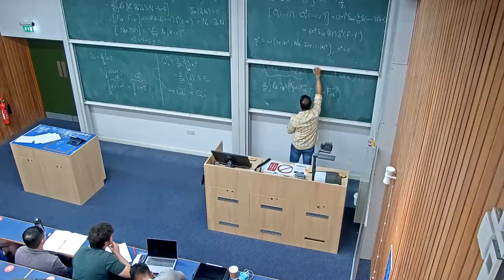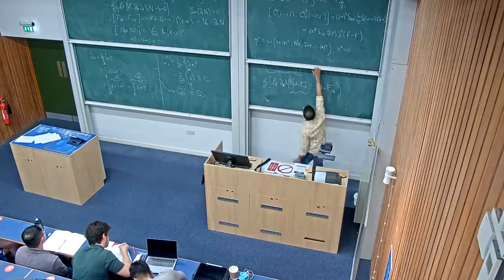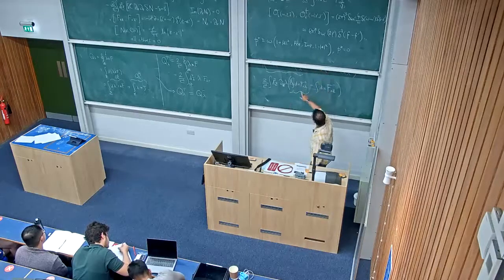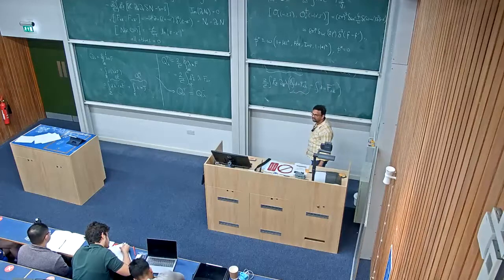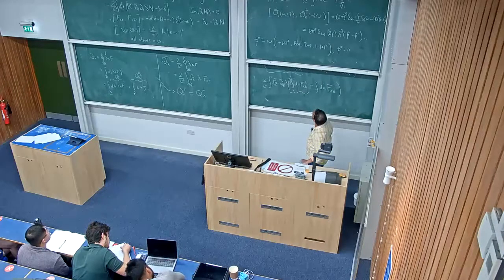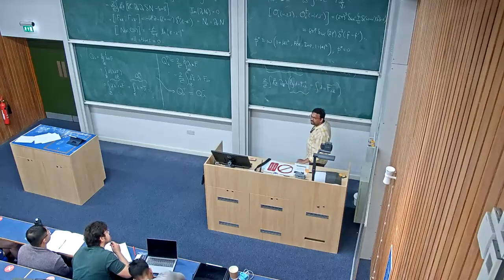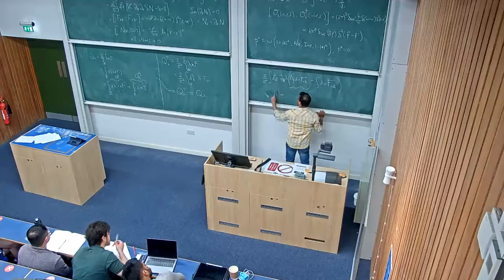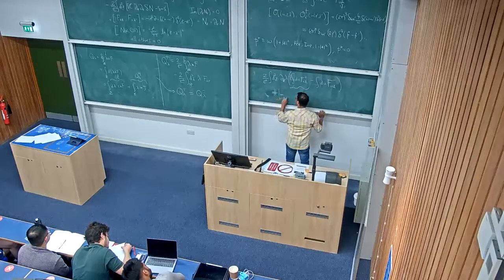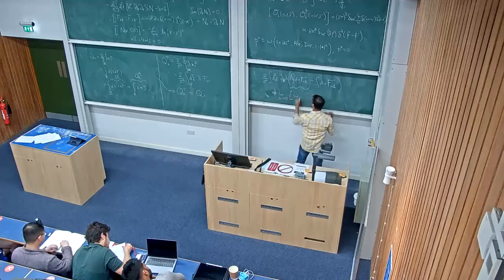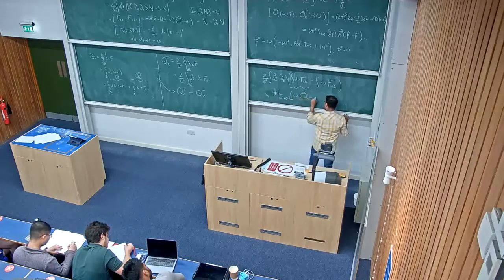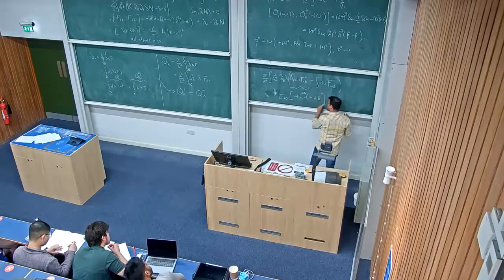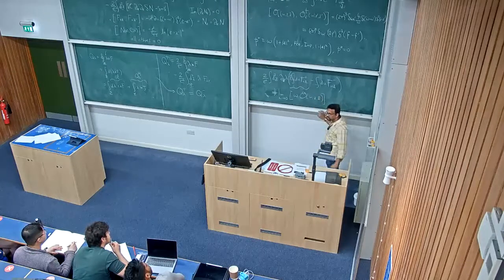What do I need to do? Anyone, what do I need to do to that equation in order to reproduce this term over here? Multiply both sides by omega, take omega to 0. Okay, so this thing is, up to some numbers which I'm not going to keep track of, the limit omega to 0 of omega O. Is this clear to everyone?